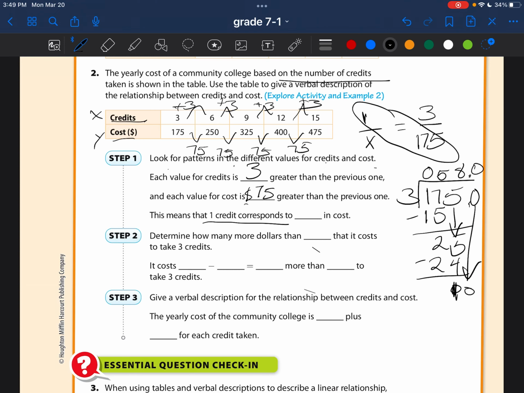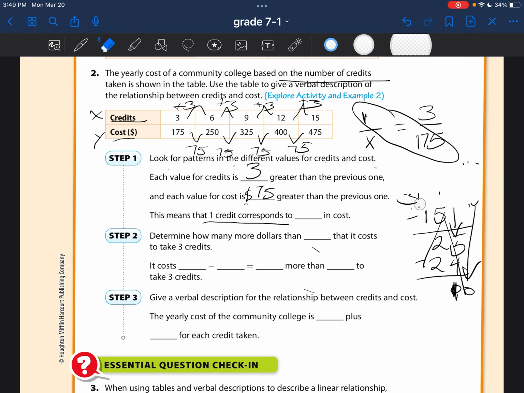All right, so we have this number, 175. We divided 175 by 3. Why did we do 175? We should have done just 75. I'm so sorry. Thanks for bearing with me. You guys are amazing. It should have just been 75.